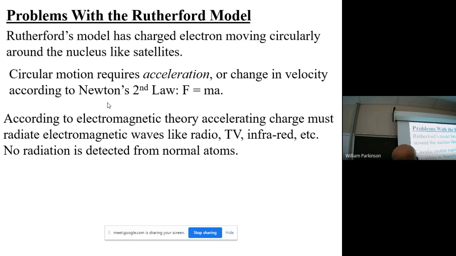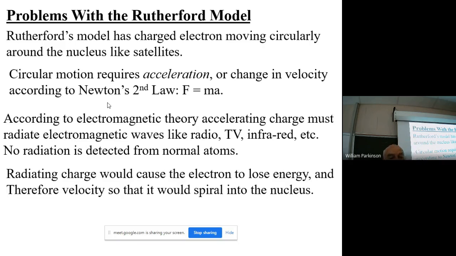And if you put detectors on atoms, you can't detect these light beams. So they had to eliminate the idea that electrons were moving in that fashion around the nucleus. And also, if they are radiating, they're losing energy.